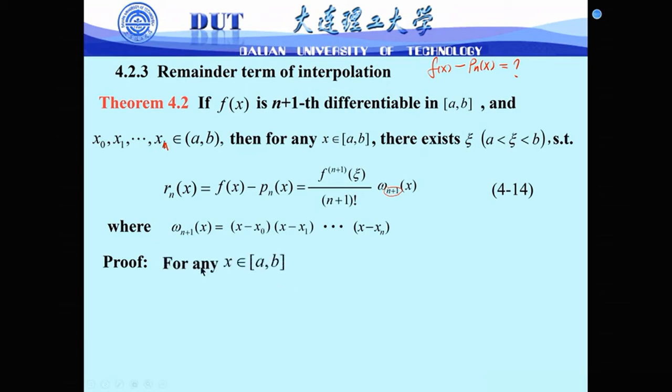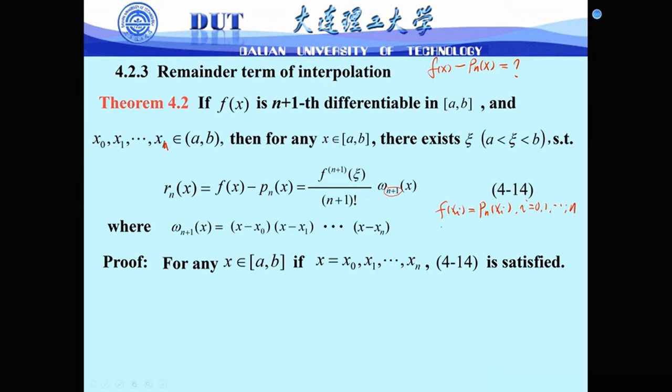Okay, so now for any x in the interval (a, b), if x equals x0, x1 or xn, that means if we just consider the nodes, then we know the error or remainder term is 0, right? Because we know f(xi) equals Pn(xi), for i from 0, 1 to n.